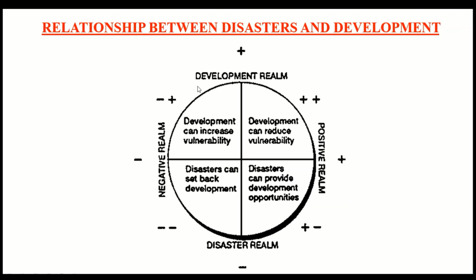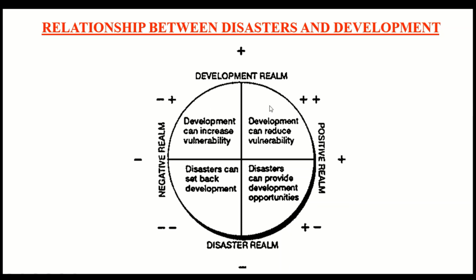The horizontal axis divides the circle into the development realm and the disaster realm: the upper portion is development and the lower portion is the disaster realm. Then the vertical axis divides the circle into two realms, the positive realm on the right side and the negative realm on the left side.